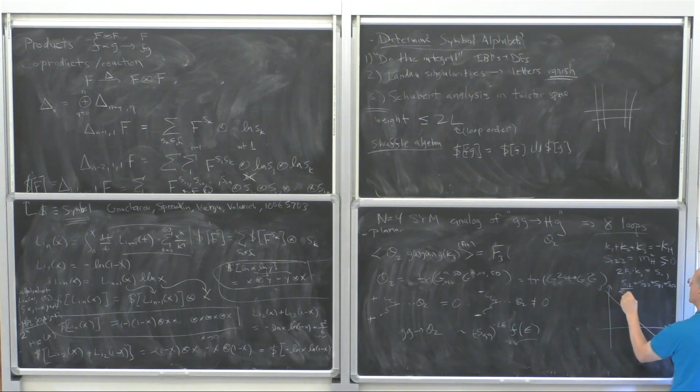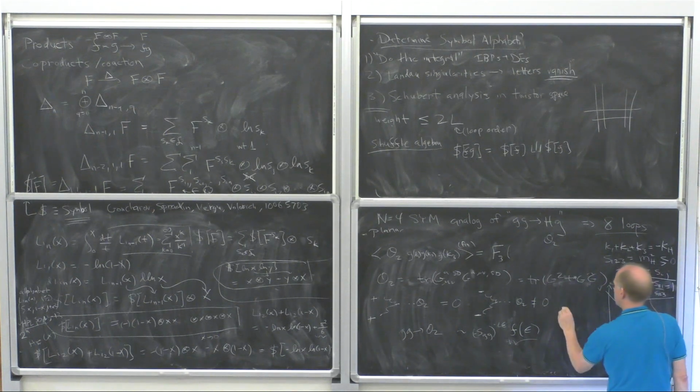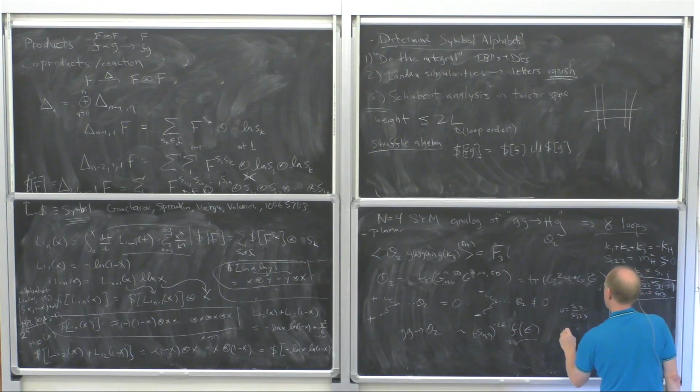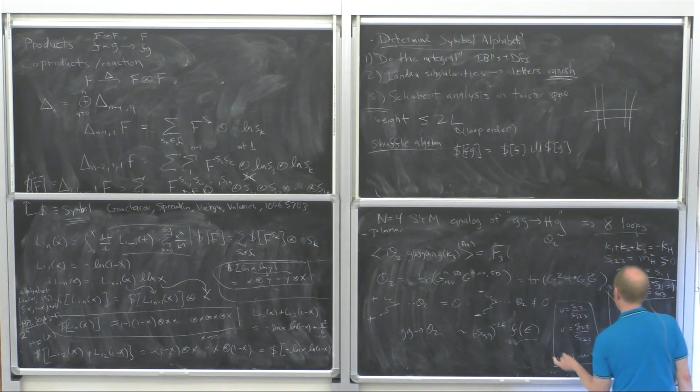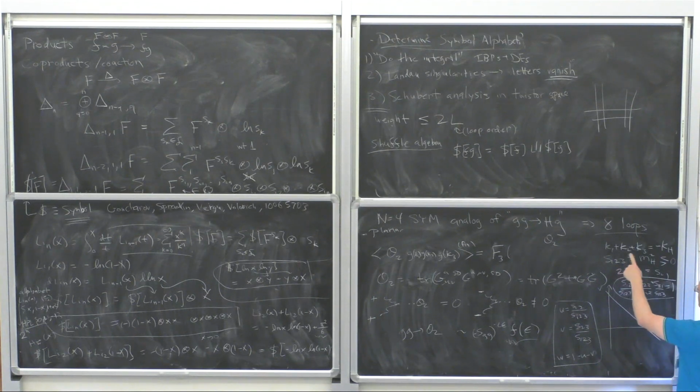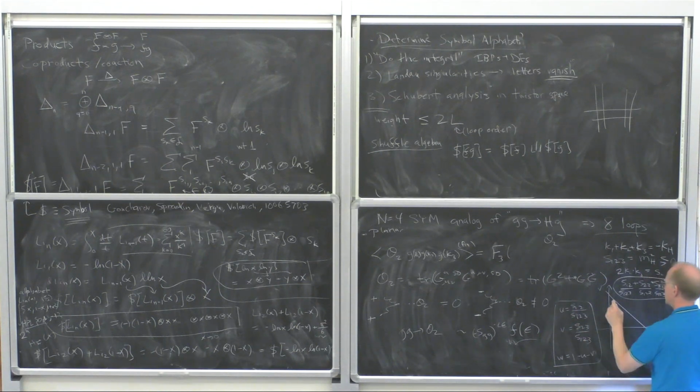If we then divide by S123 to define some dimensionless variables, we're going to call U equal to S12 over S123 and V equal to S23 over S123. And then W is 1 minus U minus V. But it's useful to keep it hanging around because there's a dihedral symmetry that permutes 1 to 2 to 3 to 1, and it cycles U, V, and W into each other.